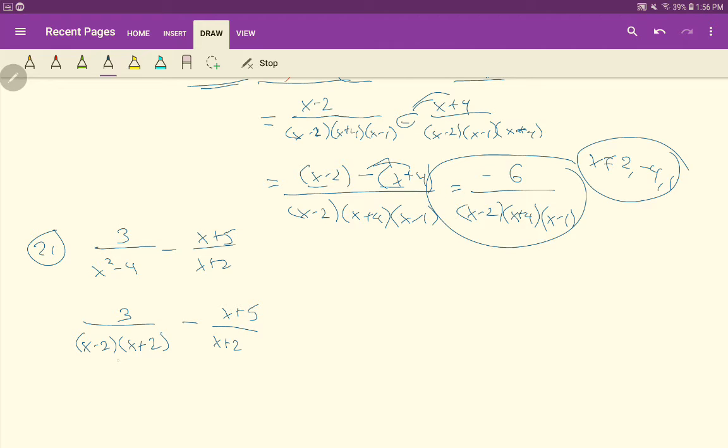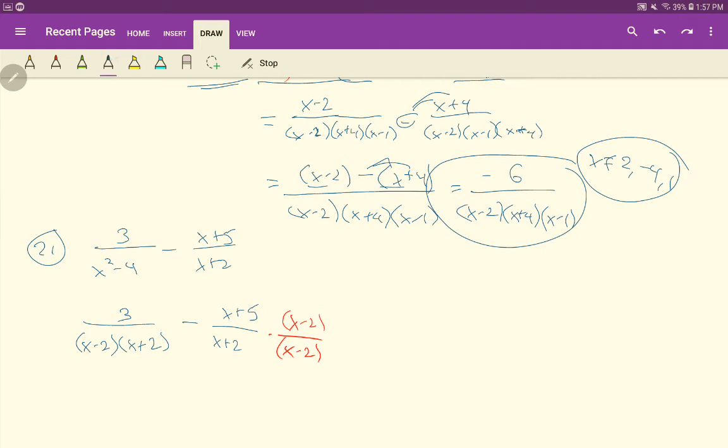Okay, so what does this denominator miss that this denominator has? Well, of course, we need this here, x minus 2. So we'll multiply the top and bottom by x minus 2 over here. Now, the denominator over here, it's missing nothing, right? It's going to exactly match, so we don't need to do anything to the first denominator at all.